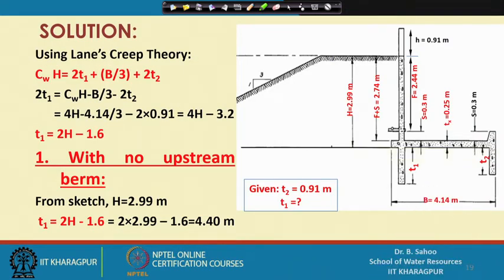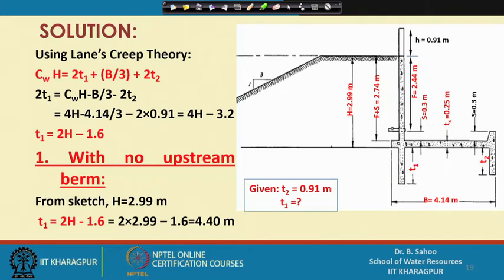Now, using Lane's creep theory, you know that Cw H equals sigma Lh, the length of all these horizontal distances, divided by 3, plus the summation of all the vertical distances or the vertical depths.